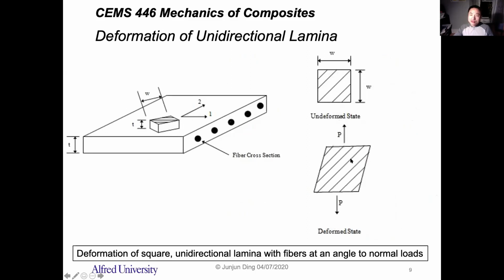When the force has an angle applied to the longitudinal direction, in this way you will have this shearing deformation, right? In addition to your normal deformation. So in this case, this square shape becomes a twisted one, right?